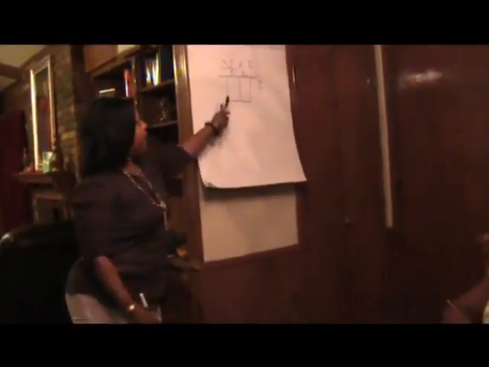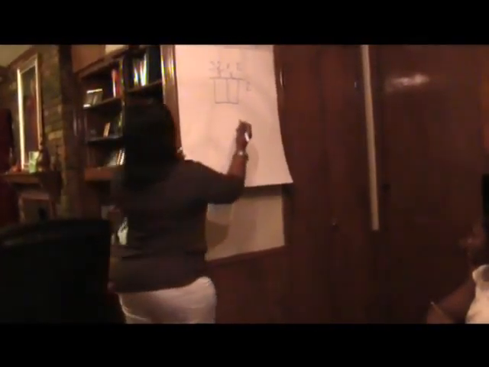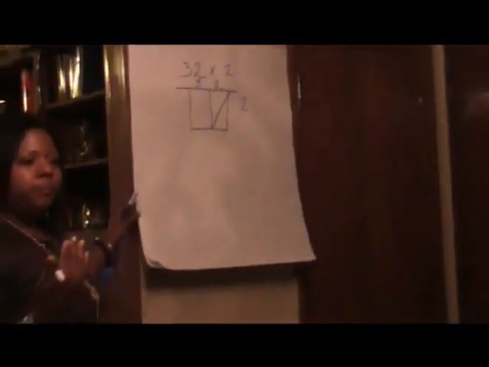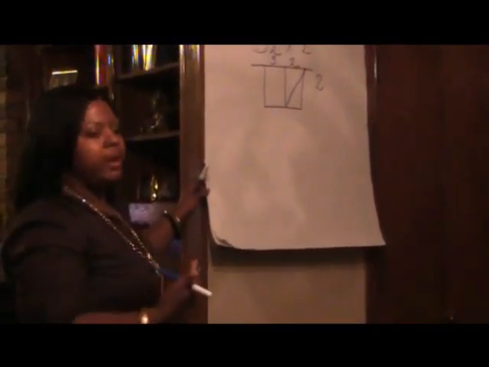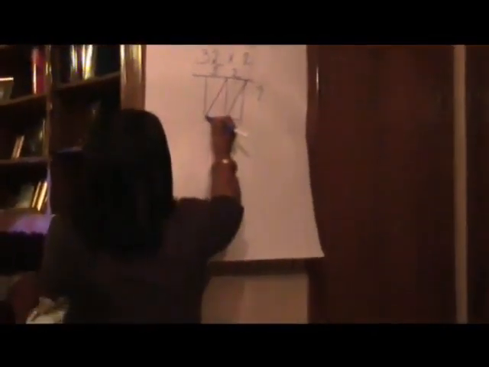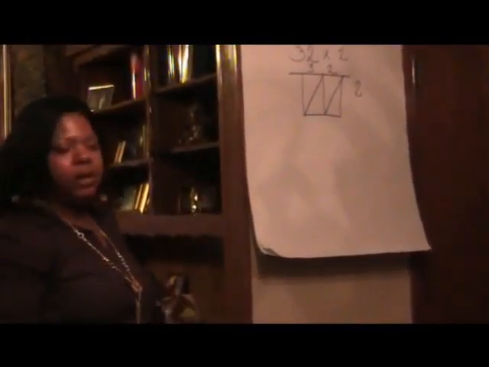The next thing I'm going to do is give the boxes a diagonal. The diagonal is just a place value holder to let you know which numbers are the ones, the tens, the hundreds, and the thousands. So now we're ready to solve our multiplication problem.